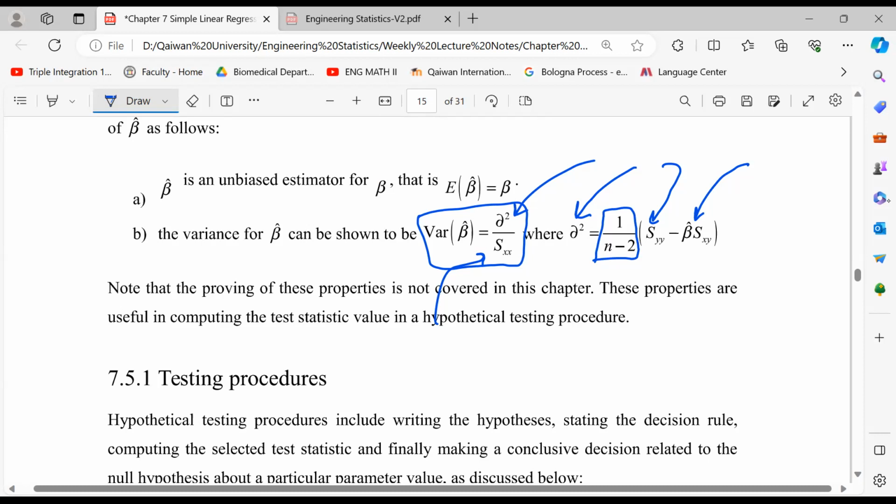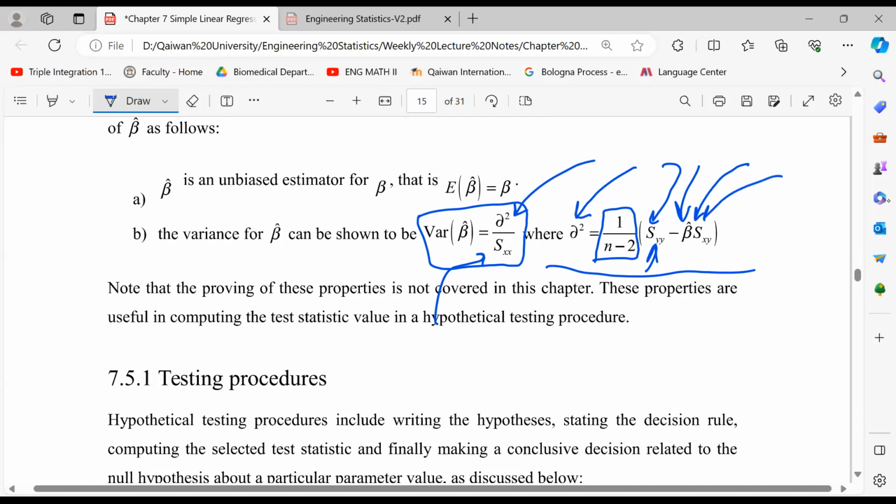Everything through this chapter depends on those three things. Look, for finding sigma hat squared, it is 1 over n minus 2 times s sub yy minus beta hat s sub xy. Even beta hat depends on s sub xy divided by s sub xx.